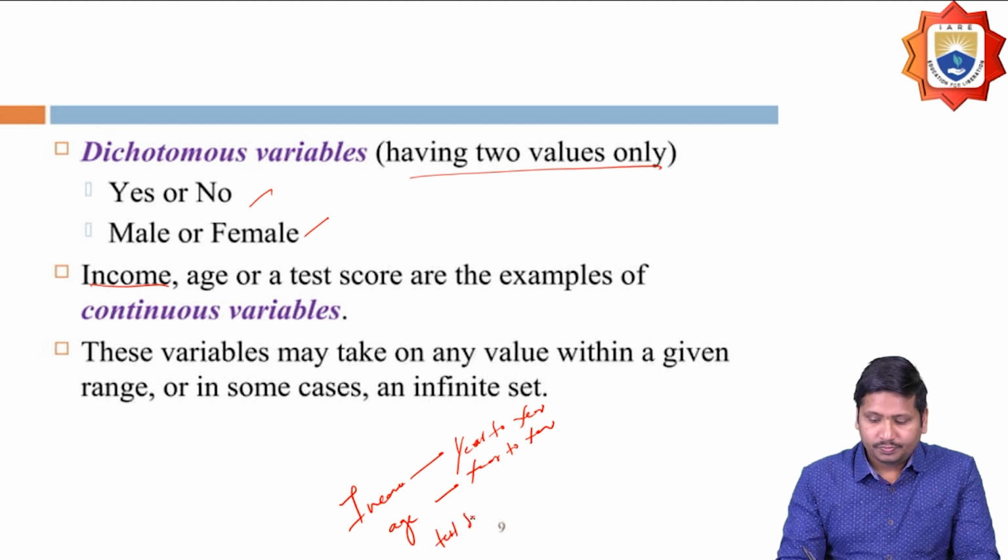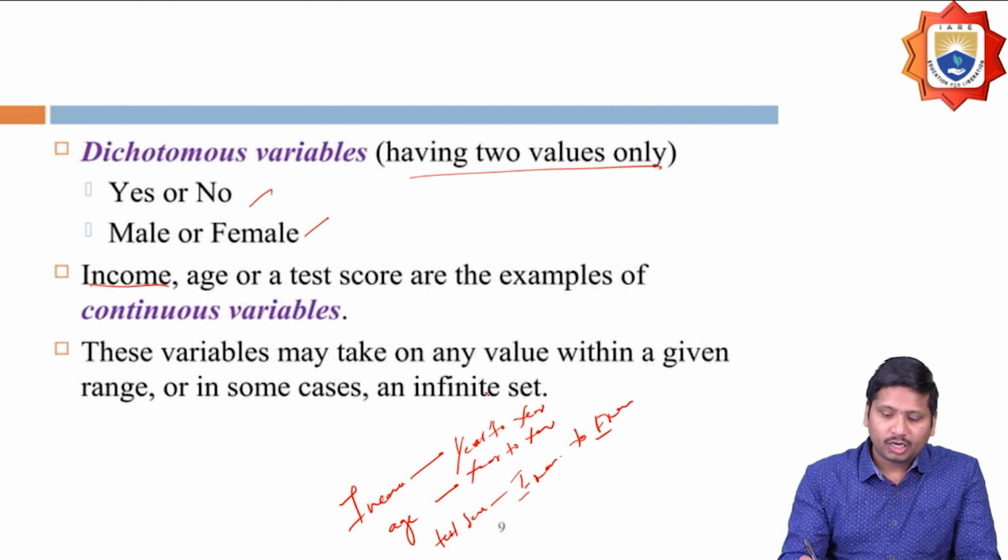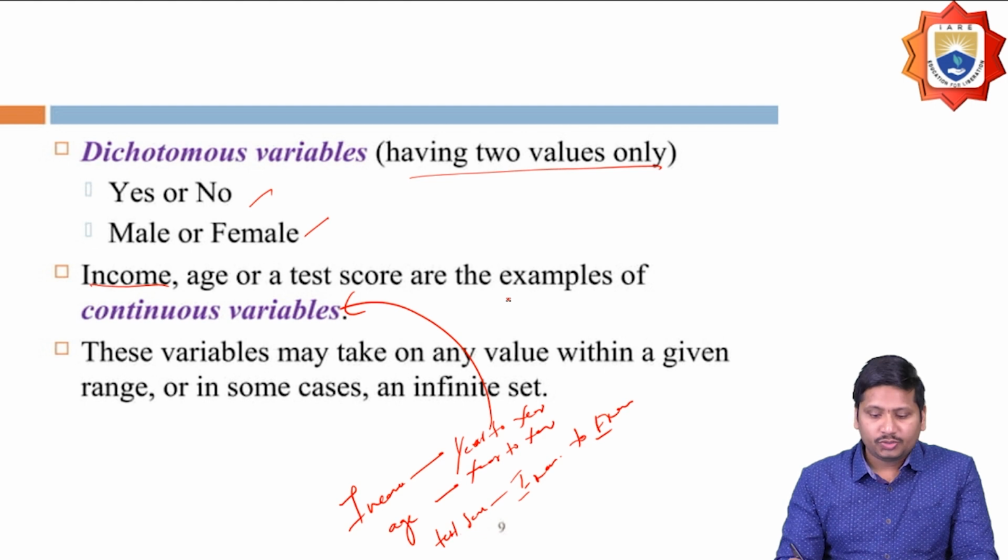Test score varies from exam to exam. Variables whose values change like this come under continuous variables.